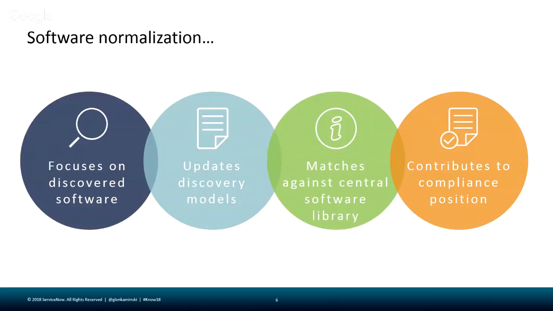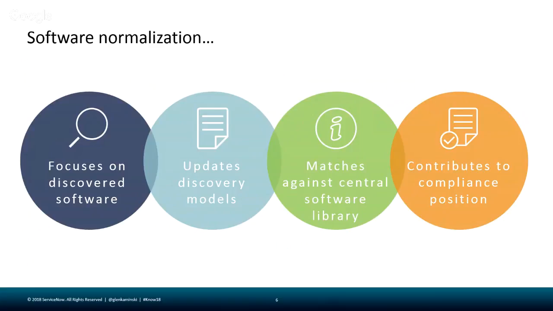So we'll talk more about discovery models in a moment, but discovery models are creating a unique set of software publisher, software title, and software version so that you have a single list of all this discovered software within your environment.